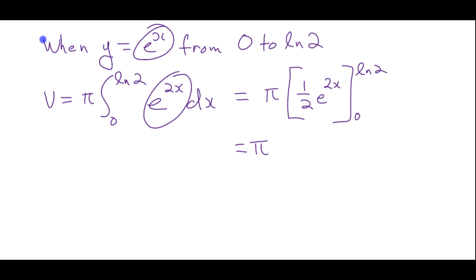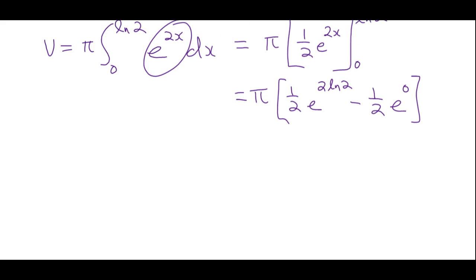So that's pi times 1/2 e to the 2 ln 2 minus 1/2 e to the 0. So what's e to the 2 ln 2?